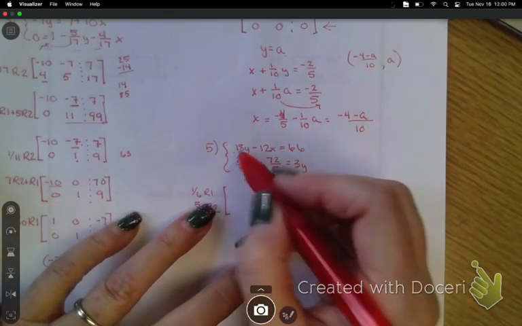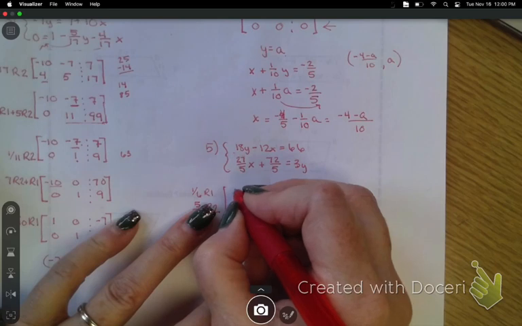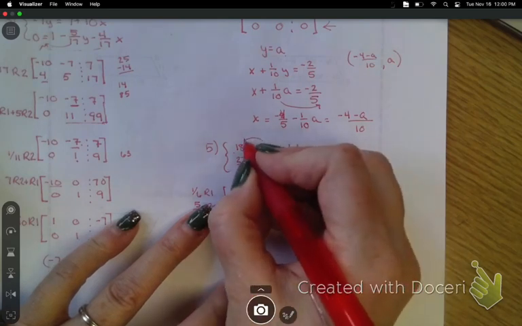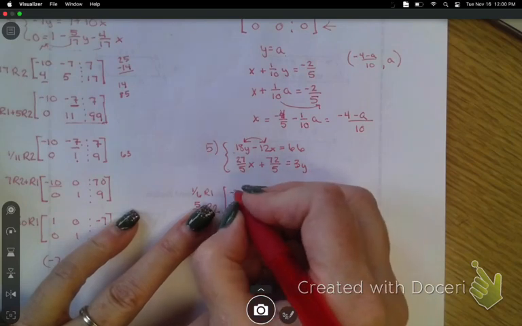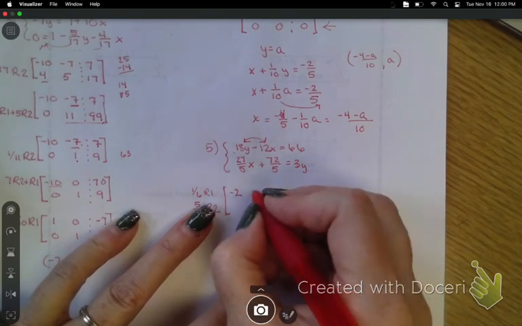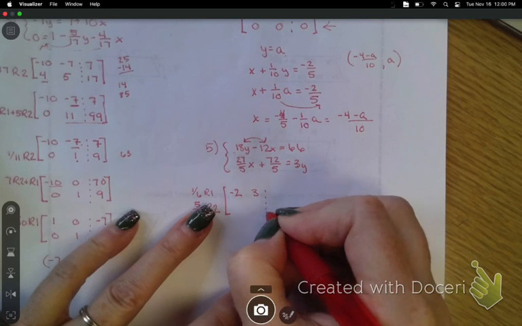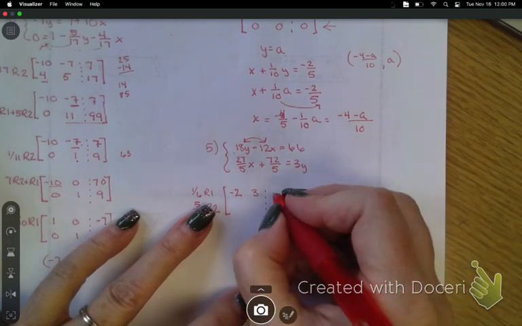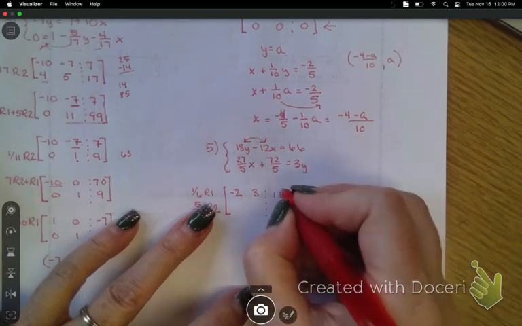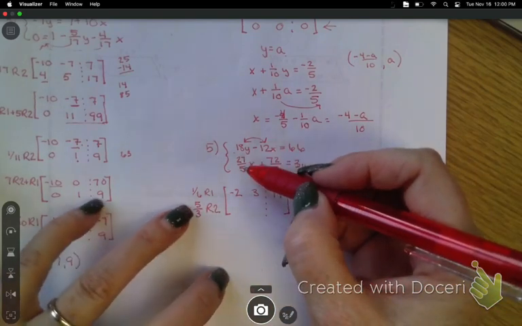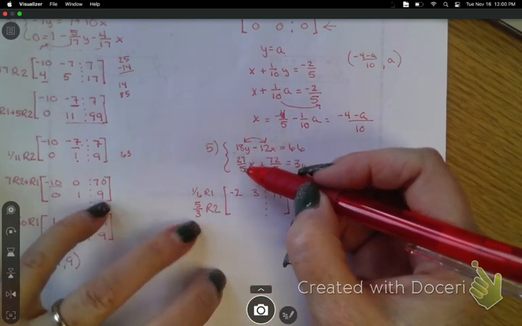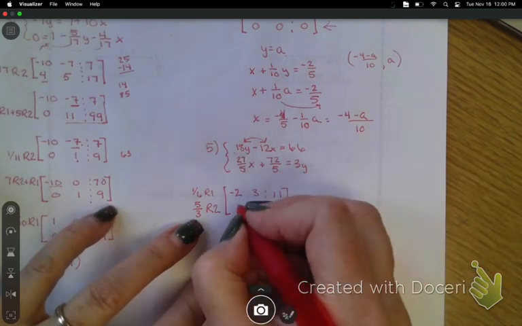So 1/6 of 18 is 3. Oh, I got to switch these two around, don't I? Okay, 1/6 of negative 12 is negative 2. 1/6 of 18 is 3. 1/6 of 66 is 11. Okay, so now how we do this is 27 times 5/3. So the 5's reduce, and 3 goes into 27 9 times.